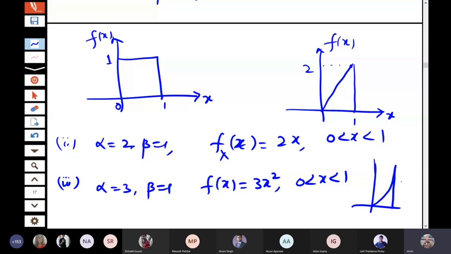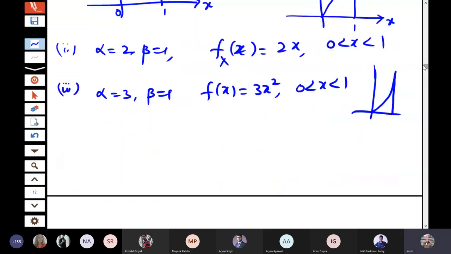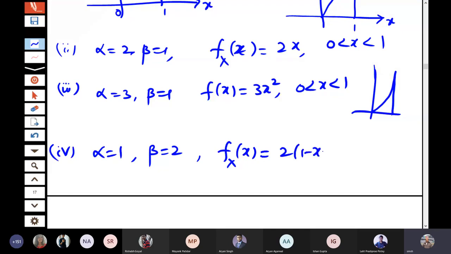So you can see that various kinds of shapes can be represented here by choosing appropriately the values of alpha and beta. Let me take alpha equal to 1 and beta equal to 2. Then what will be the distribution? It will become 2(1 minus x). If I take alpha equal to 1, beta equal to 3, then what I will get?